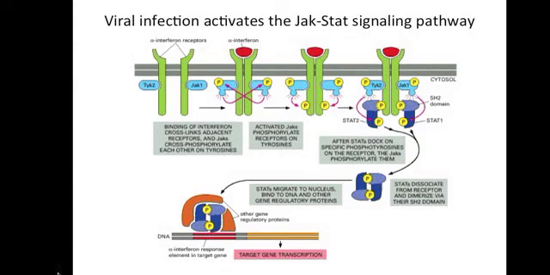And the whole point is to alert the cells in the area that there are virally infected cells. Is that important? Do you want to alert the area that there's an infection? Of course, right? That's how you mount an immune response, right? So without this signaling, without these proteins being secreted and binding to receptors, we're not going to have an immune response and we would be gone as a species.